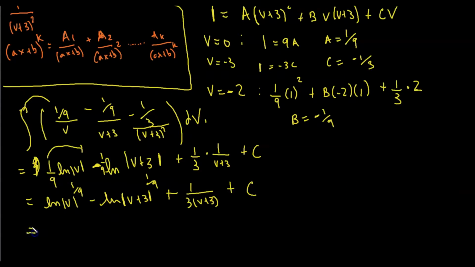And further simplifying, by logarithmic rules these two are subtracted, so they can be put in a quotient: the ninth root of the absolute value of v over the absolute value of v plus 3, plus the rest.